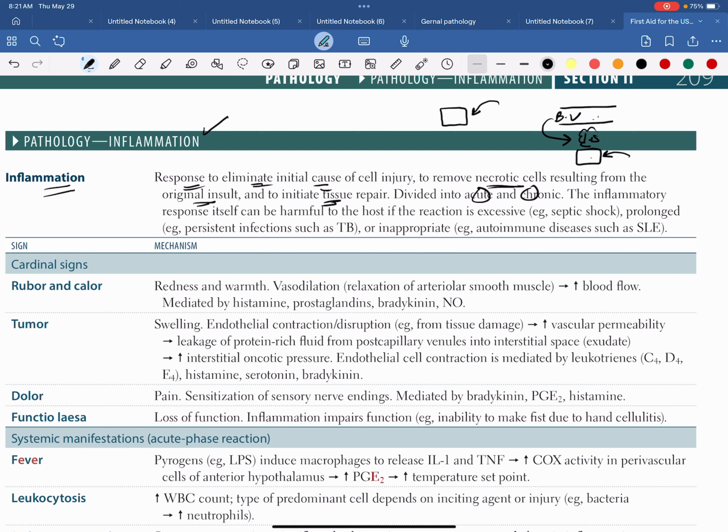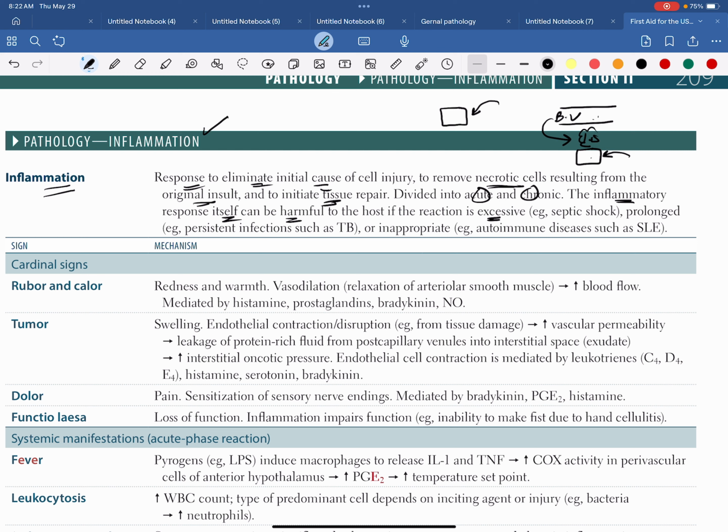Then after that, we have to understand that the inflammatory process or inflammatory response itself can be harmful for our body if this inflammation continues for many days, or if this inflammatory reaction is excessive. So what is the meaning of this line?